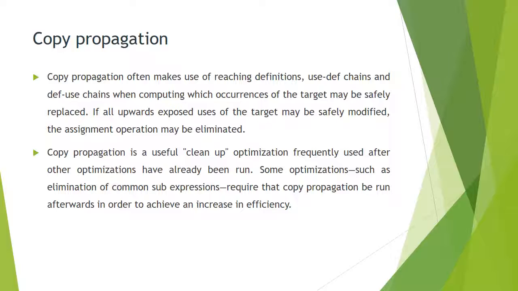Copy propagation is a useful cleanup optimization frequently used after other optimizations have already been run. Some optimizations, such as elimination of common subexpressions, require that copy propagation be run afterwards in order to achieve the increase in efficiency.